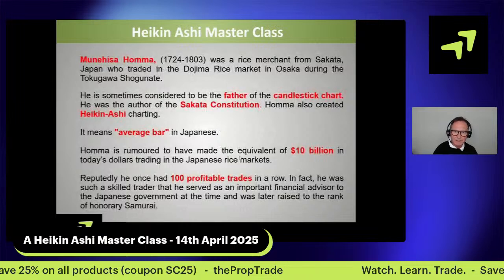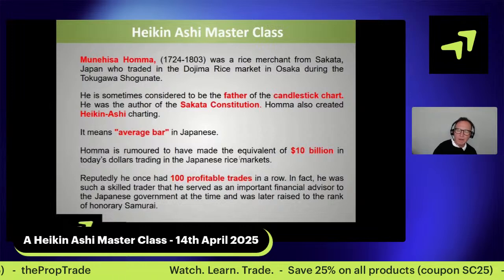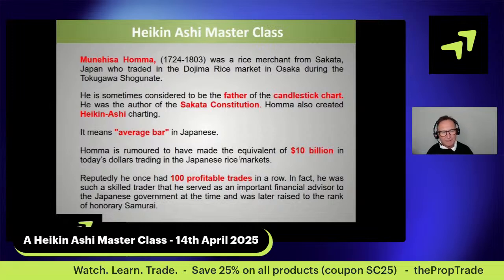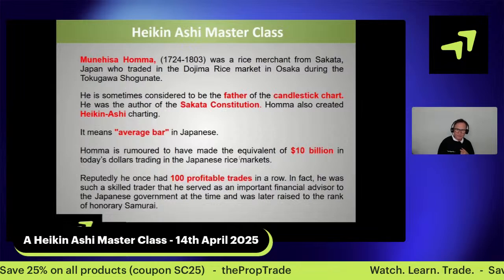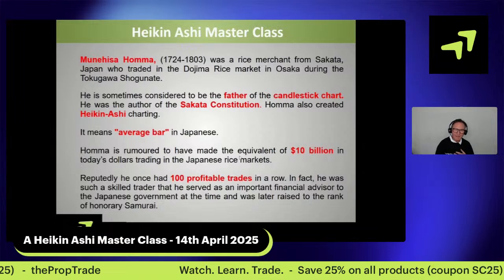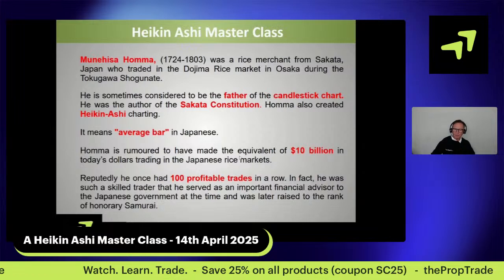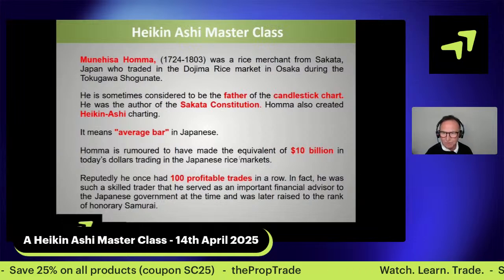So, background. Created by a guy called Munehisa Homma. He was a rice merchant in Japan in the Sakata area, and he traded the Dojima rice market in Osaka, very much on an end of day basis back in the 1800s.